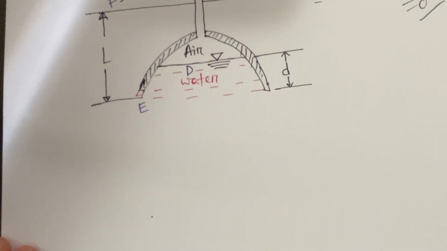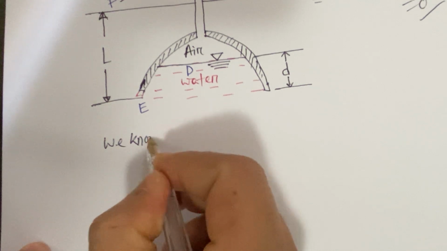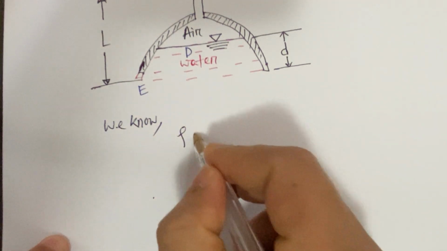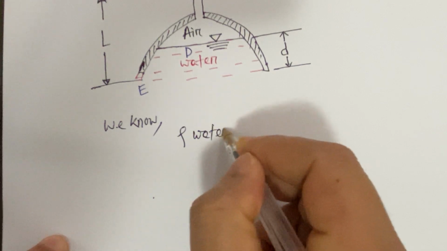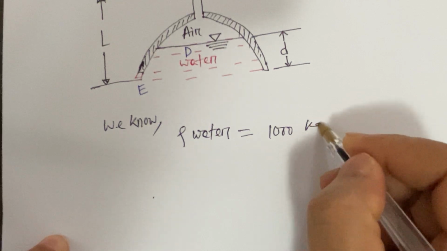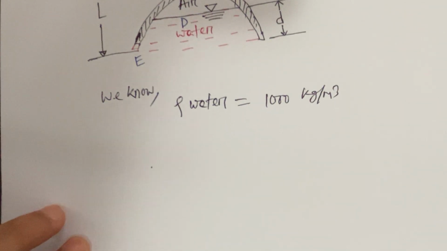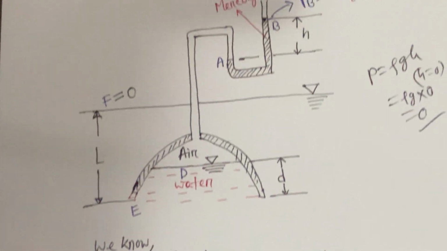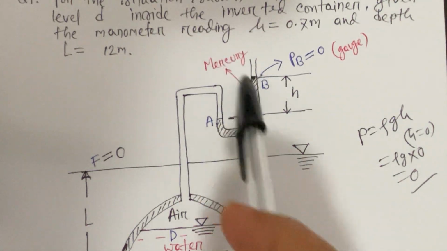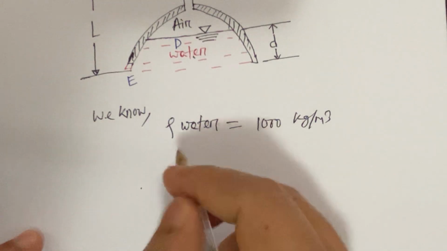If we start solving this problem, we know what is given: the density of water is 1000 kg per meter cube. We have two different materials, water and mercury.